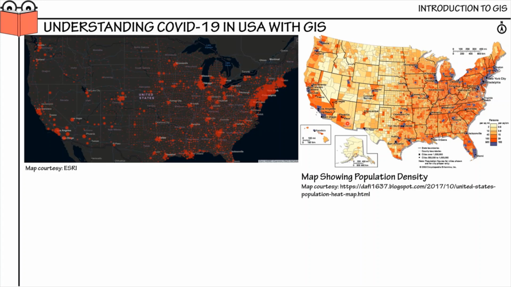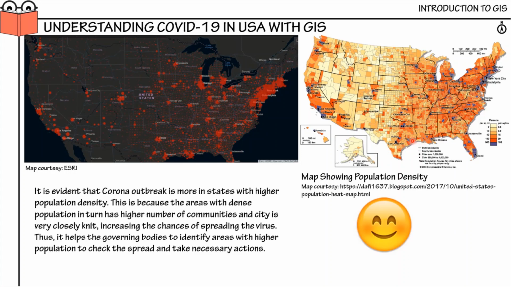So if you see here again, San Diego, Los Angeles, San Francisco, Denver, Seattle, Portland, any place that has higher population shows severity in the outbreak. Chicago here, Milwaukee, Minneapolis, here you have Houston. So any place that's marked in blue here, you also see the severity of corona.